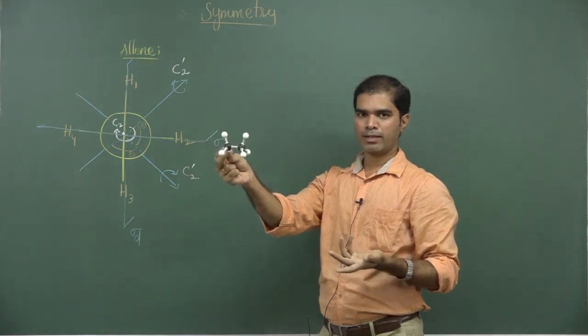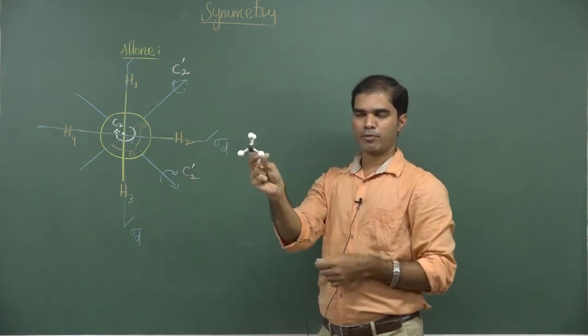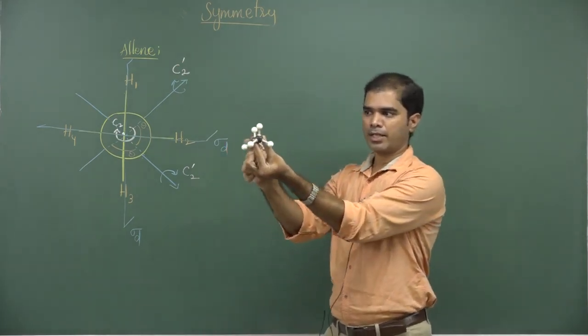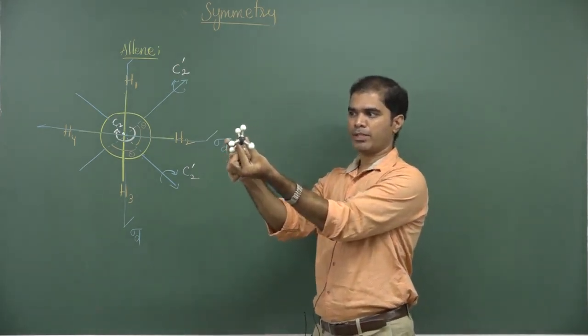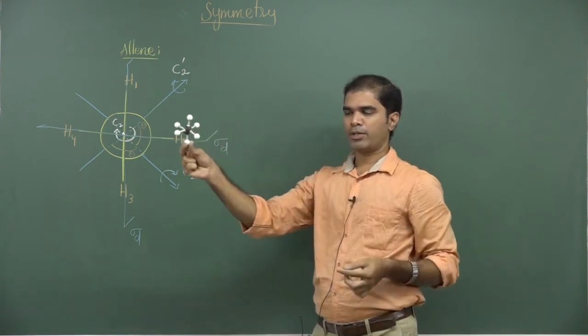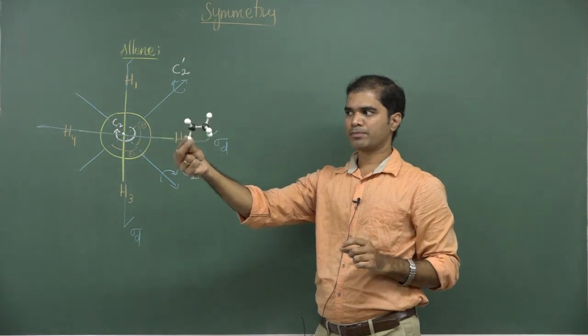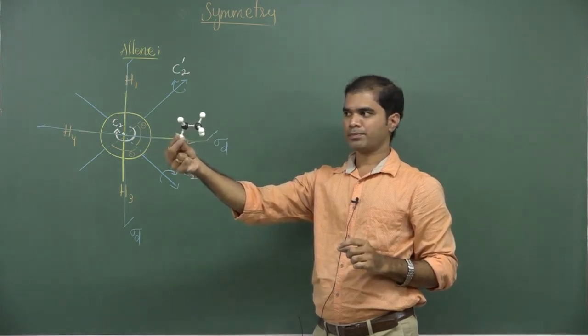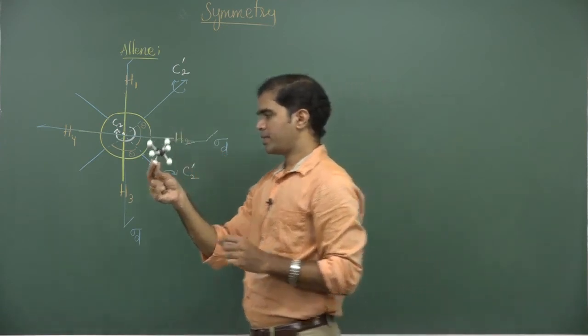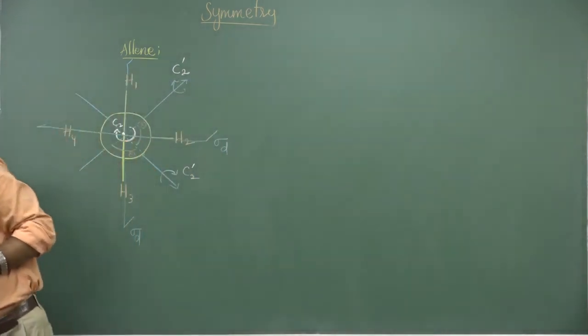Both units are identical, but this is an eclipsed conformation. So from eclipsed, I am getting it into skew or gauche, then slowly I am converting it into a staggered form. This staggered conformation I am drawing.